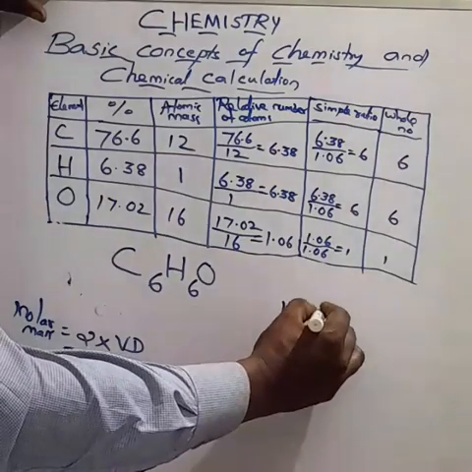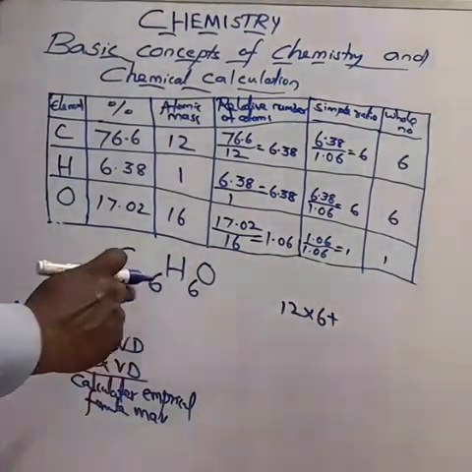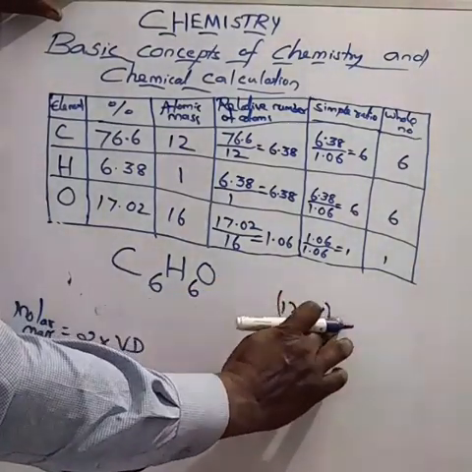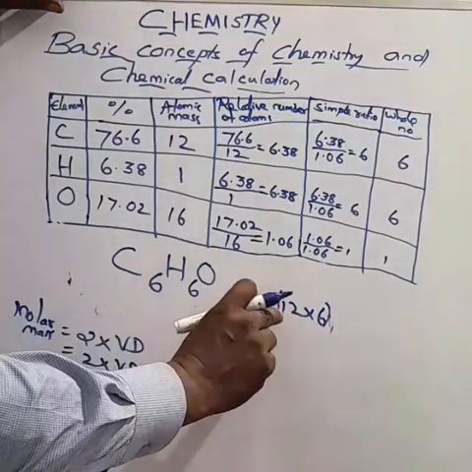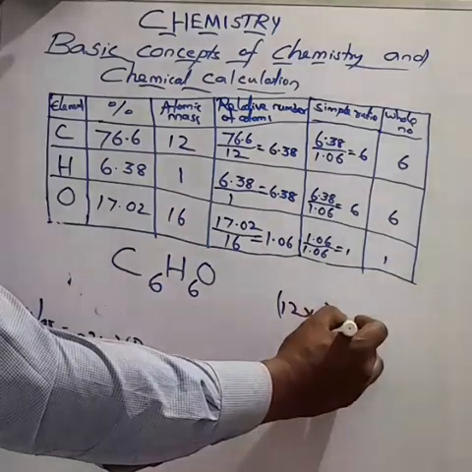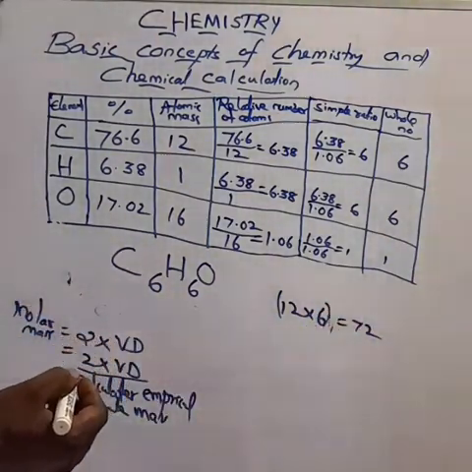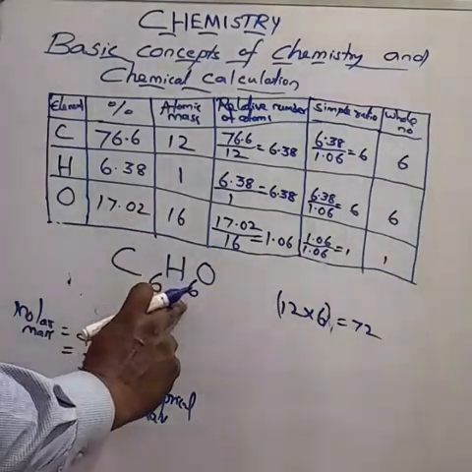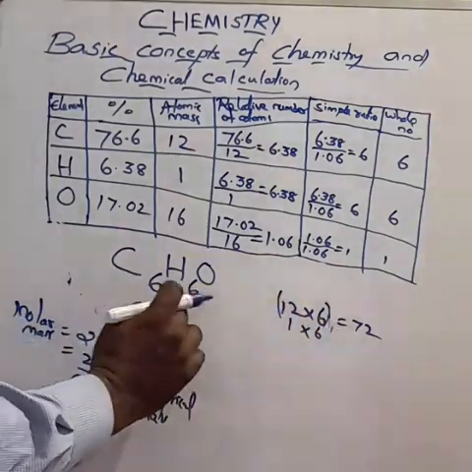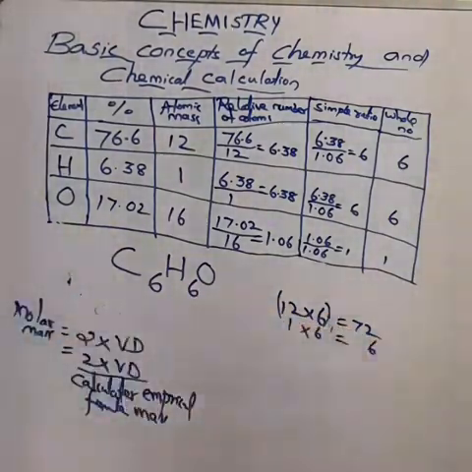So 12 into 6 is equal to, what is 12 into 6? 6 2s are 12, 6 1s are 6, 72. We get 72. Am I right? Next element, hydrogen, there are 6. One hydrogen, one value. So 1 into 6 is equal to 6. Am I right? Next, oxygen.